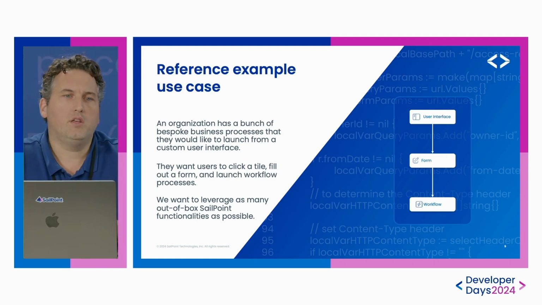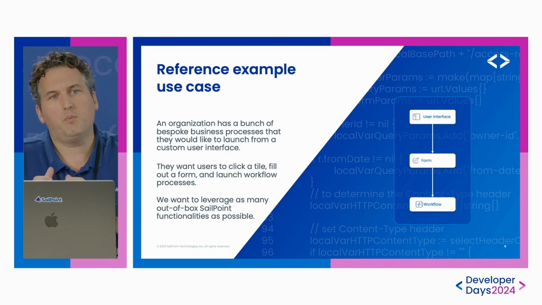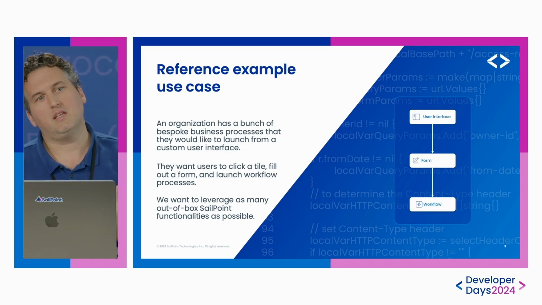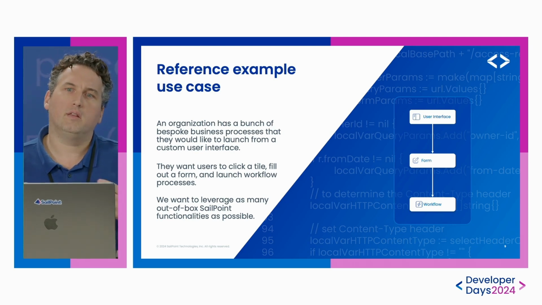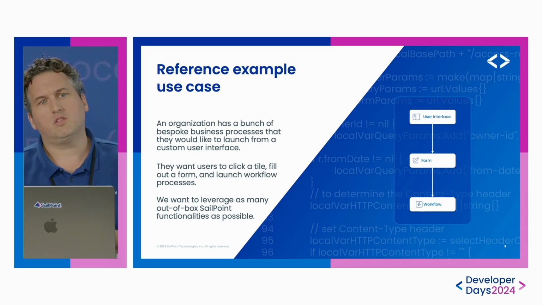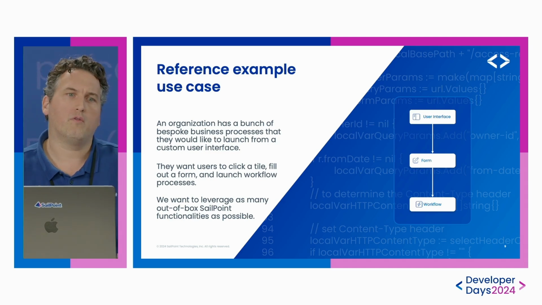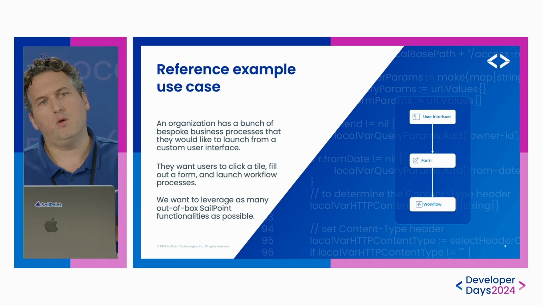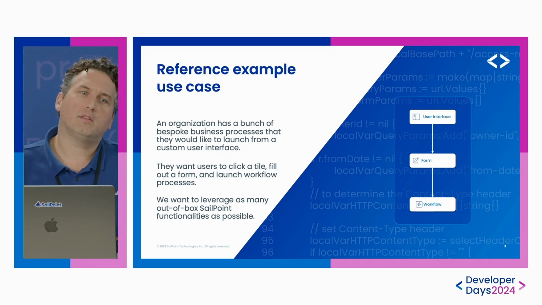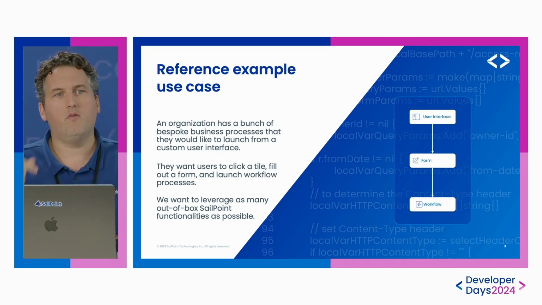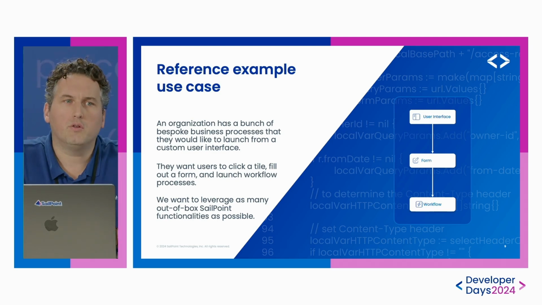So they want to build on top of Identity Security Cloud's great framework, but they also want to expose some of the extensibilities that we have. If you know anything about Identity Security Cloud and some of the other sessions here, there are some wonderful forms and workflow capabilities. Now, we're not going to get too much into forms and workflow in this section, but we are going to talk about how you can launch a form directly from a user interface.